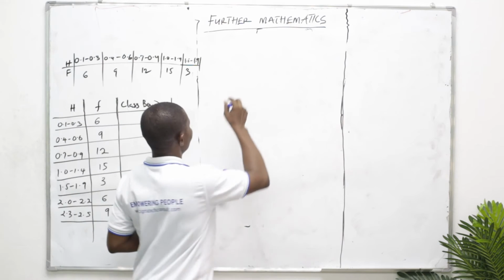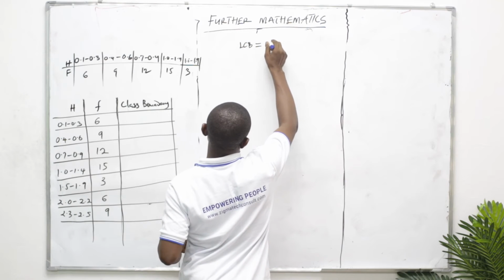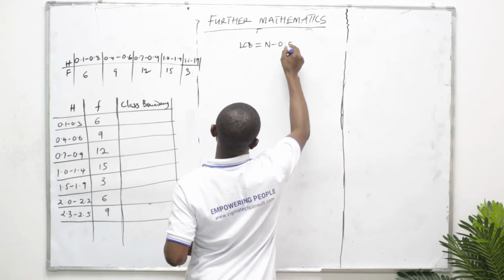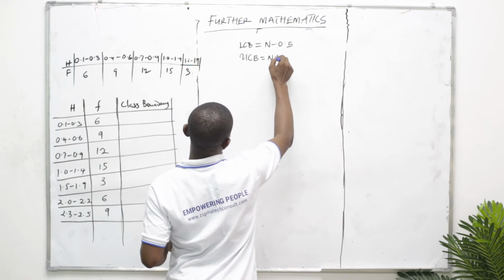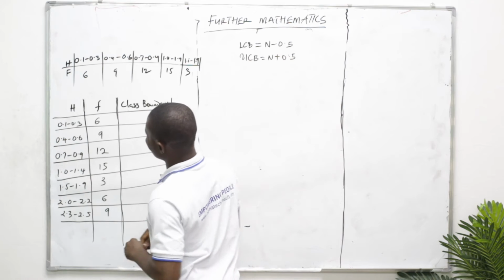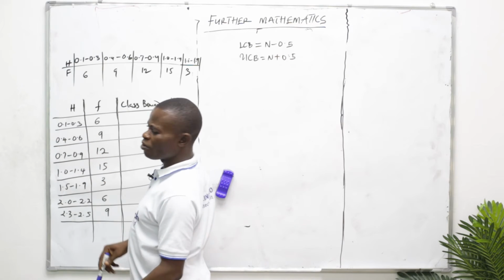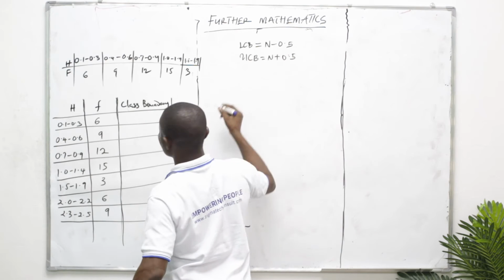You know, our lower class boundary has been known to be number minus 0.5, and upper class boundary has also been known to be number plus 0.5. But the challenge we are having here is that the numbers we have are so small that we can't range it. So look at the only solution here.